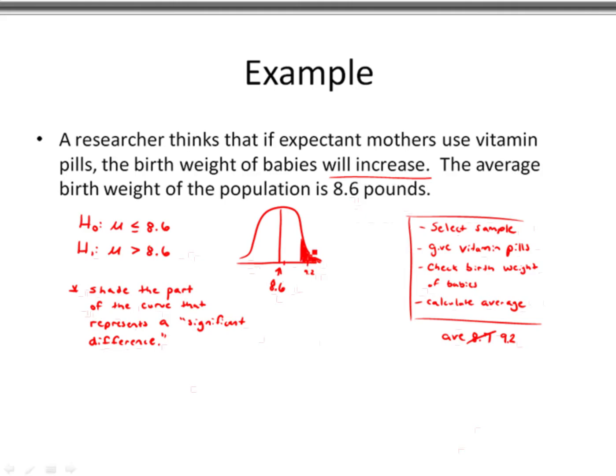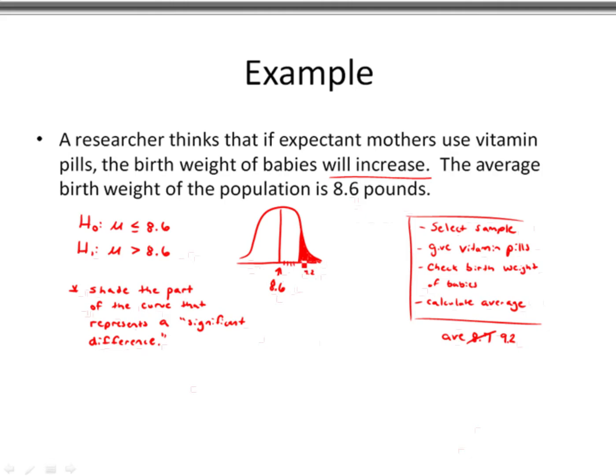Up to a certain point. Okay, so what we're looking at here is we're basically saying, 8.7 is probably not significantly different. Maybe 8.75 is not significantly different. Or 8.8 is not significantly different. But at some point, we're going to do kind of a boundary line here. At some point, when I cross that line, I'm getting into a section where I do say that the birth weights are significantly different.